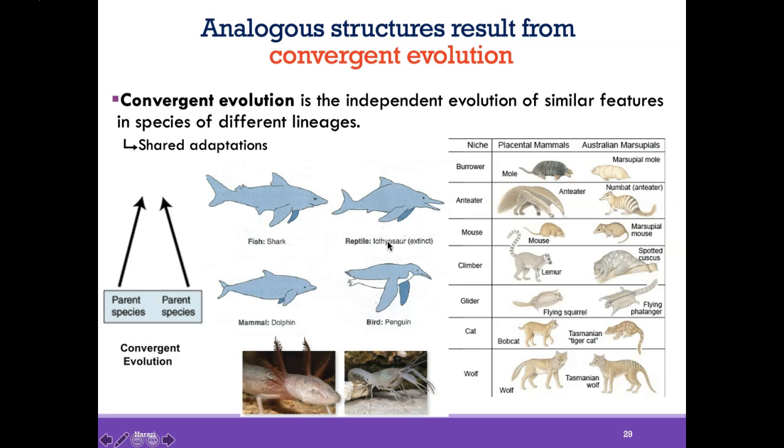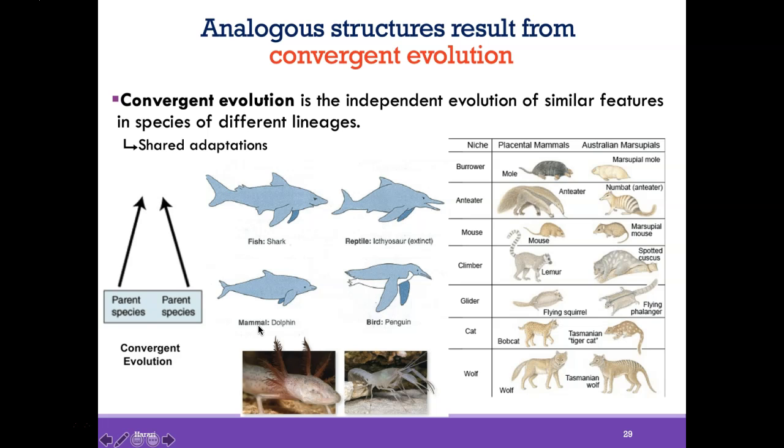You see a very similar body shape in this extinct reptile, in birds like penguins, in a mammal like a dolphin, or a fish like a shark. We have this streamlined body shape with appendages that can be used to swim, although penguins can't swim very well anymore, but this body plan has served all these different organisms very well. But they don't develop similarly.